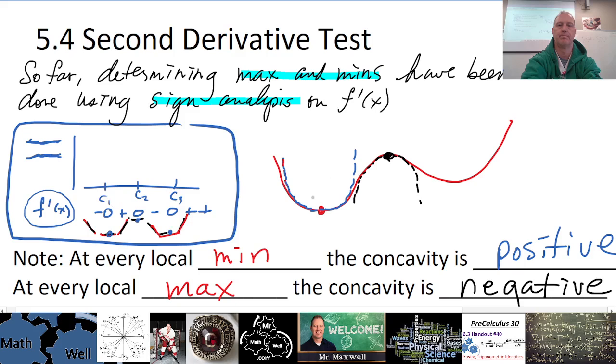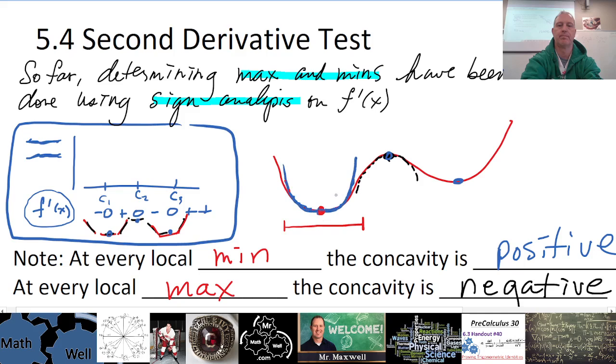Now, if we were to graph this, let's say the graph looks something like this in red, where we have a local minimum right here, a local maximum right here, and then another local minimum over here. Well, what we notice, and we touched on this a little bit yesterday, is that in the interval containing the local minimum, this graph must be concave up in this immediate area.